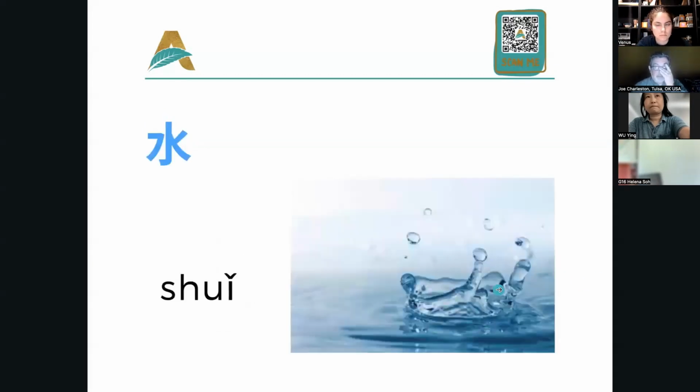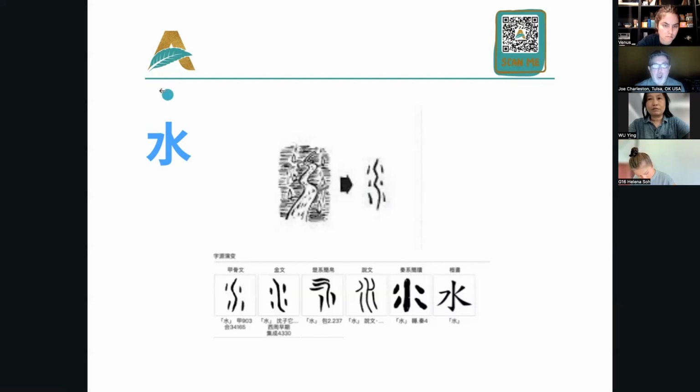Great. Now the third character is 水. We go down first and then we go up. 水. Very good. Obviously it means water. How did it come to be like that? Actually this is a river in the old writing.